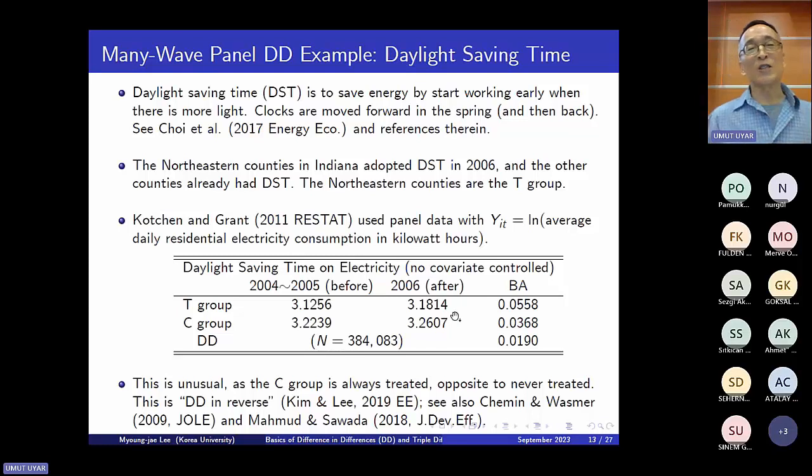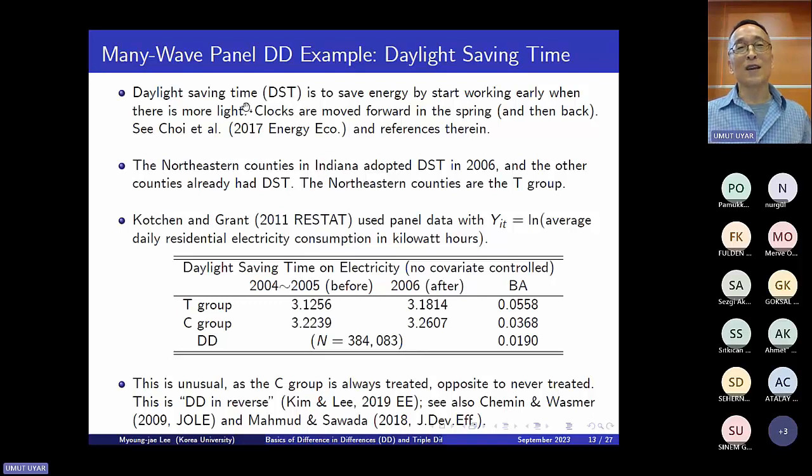Here is a DD example about daylight saving time. As far as I know, daylight saving time was started in the US by Benjamin Franklin. I heard he started this to save energy. But this caused a lot of inconvenience among general people who traveled across continents and so on.